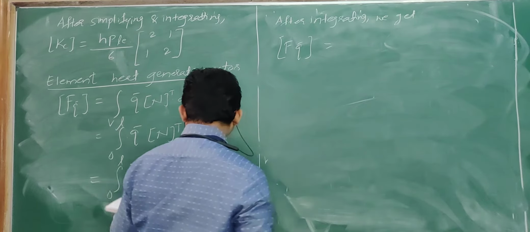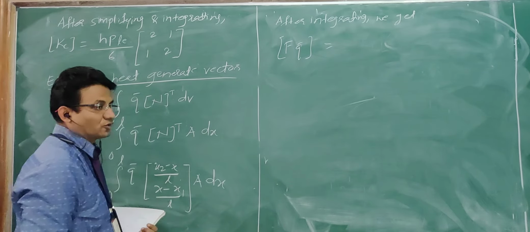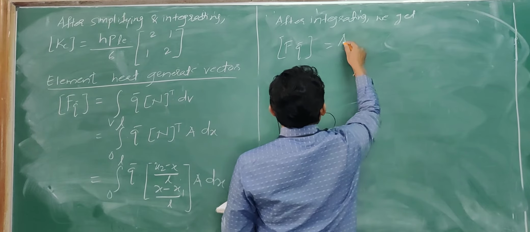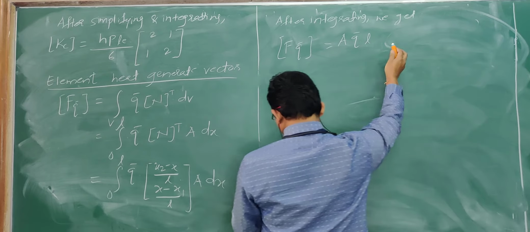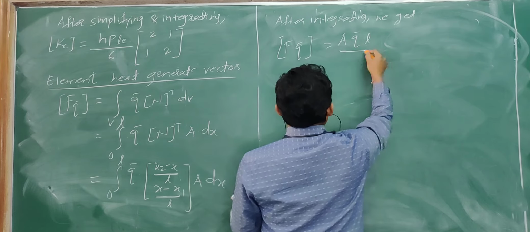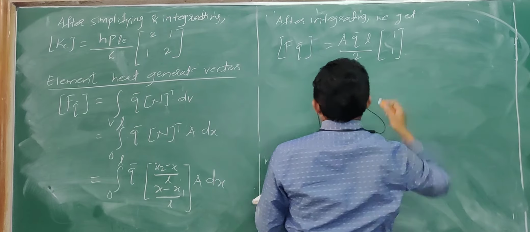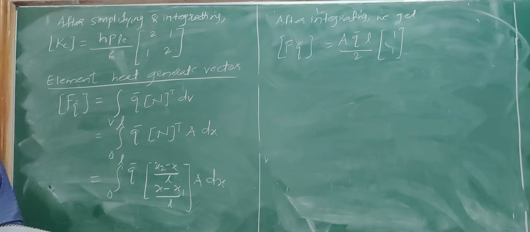So integrate this with respect to x, and then you substitute the limits between 0 to L. So what I'll get is the force vector as A into q bar into L divided by 2. Okay, so this is due to the heat generation.